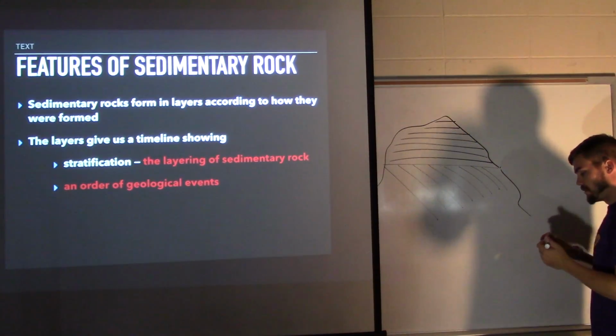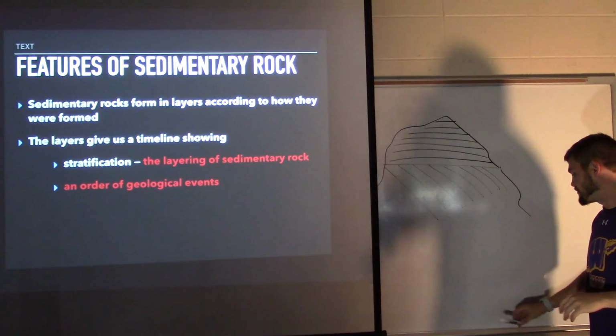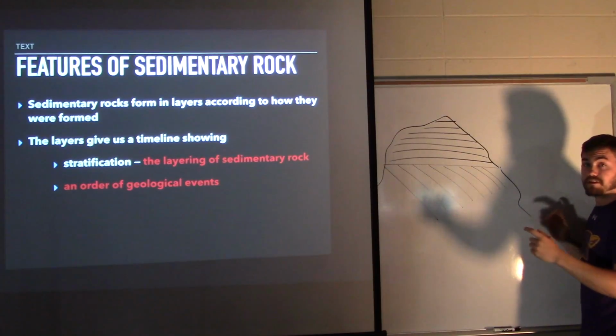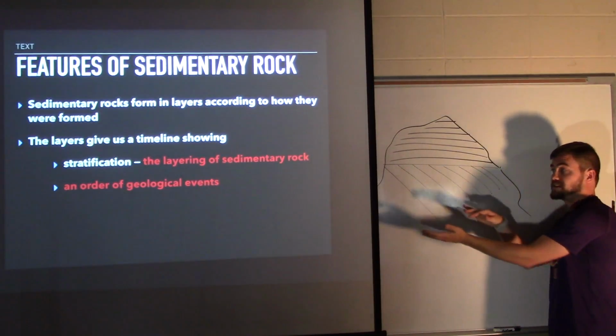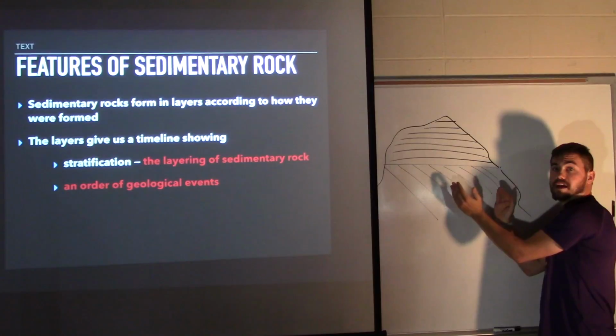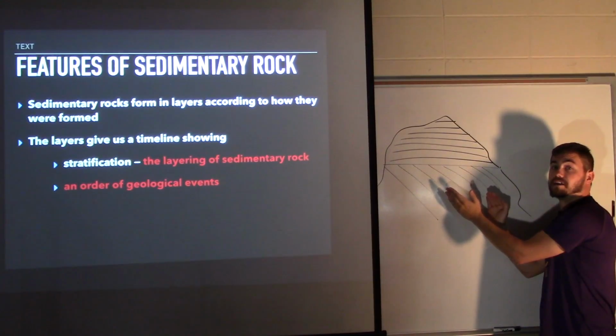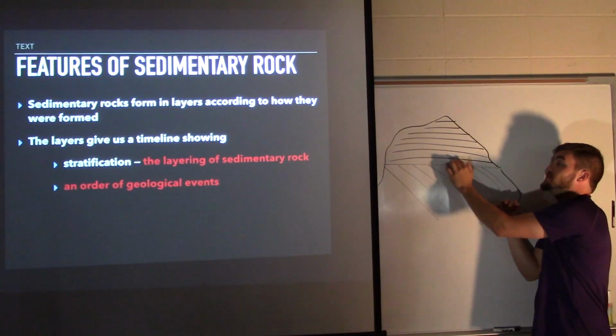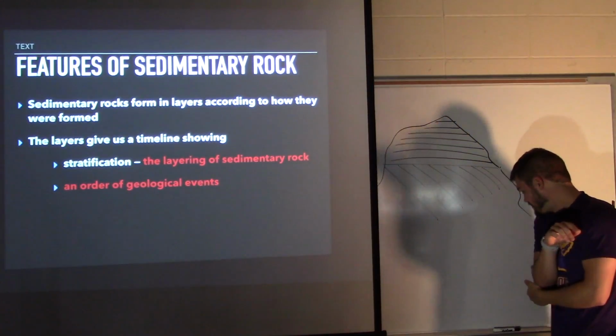They still have their original horizontality preserved. Well, that tells us that between here and here, something was going on. There was plate tectonics that shifted this layer, and then whatever was going on during this period down here ceased or stopped, and then new layers were put down. So that's an example of that.